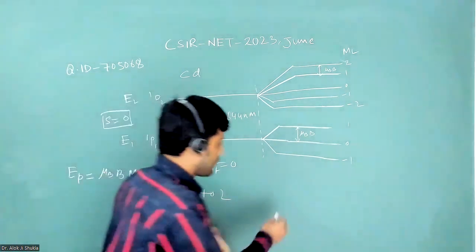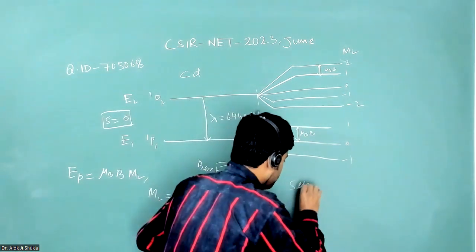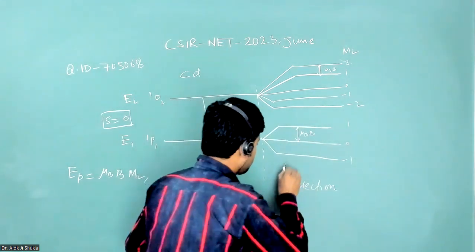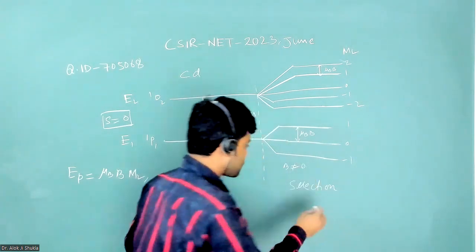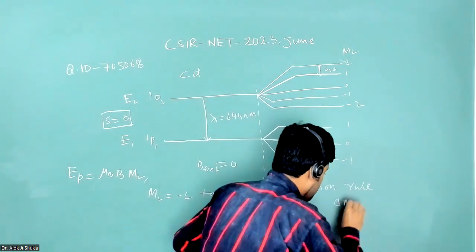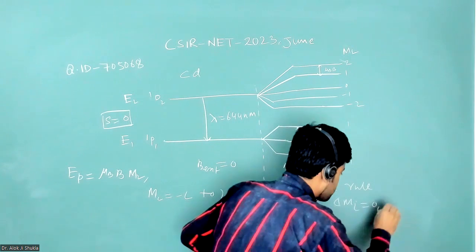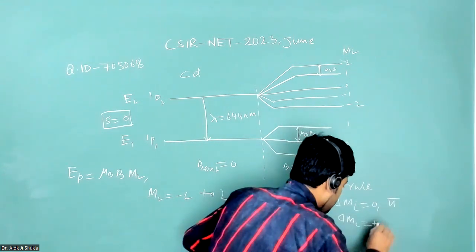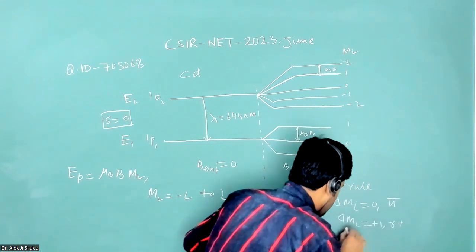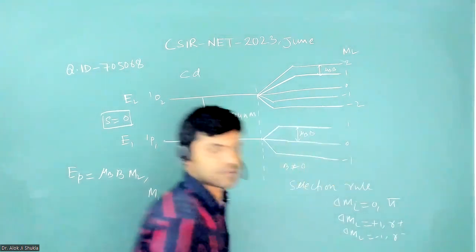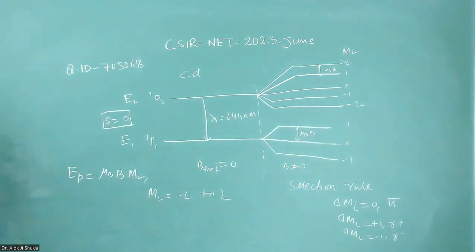As we know, this is the case when B is not equal to 0. The selection rule here will be delta ml equals 0, which corresponds to the pi component, delta ml equals plus 1, which corresponds to sigma plus, and delta ml equals minus 1, which corresponds to sigma minus. That is the selection rule you have to follow.